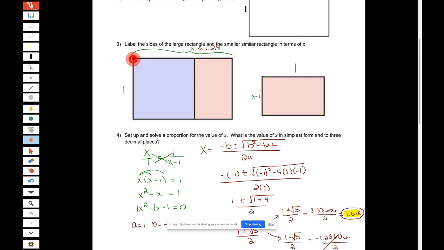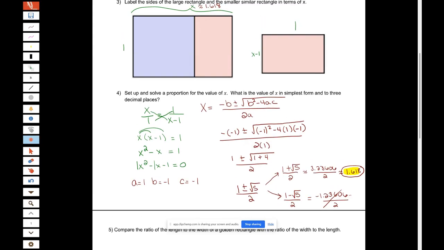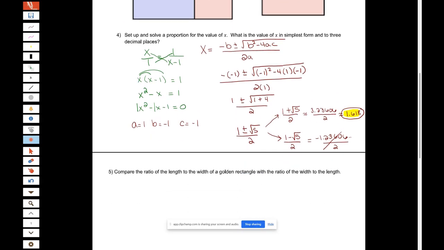So if you take the short side and multiply it by 1.618, you'll get the long side. If you take the long side and divide it by 1.618 in a golden rectangle, you will get the short side. Keep in mind, not all rectangles are golden rectangles.